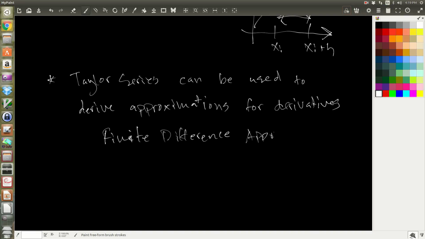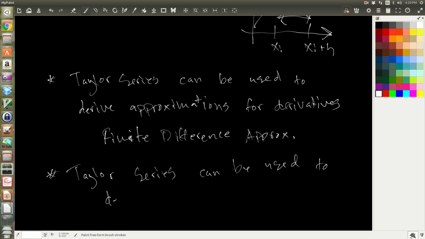And we also showed that the Taylor series can be used to determine the order of error in those approximations.